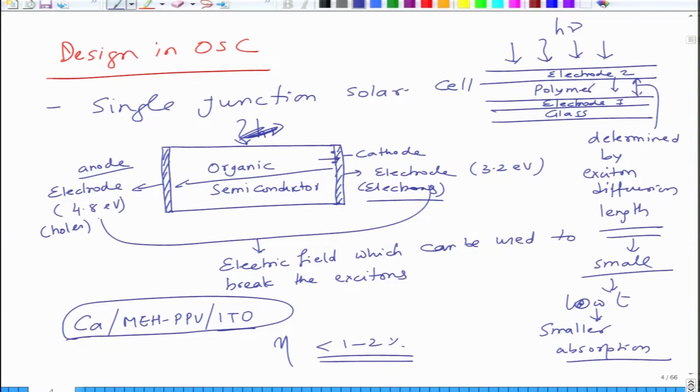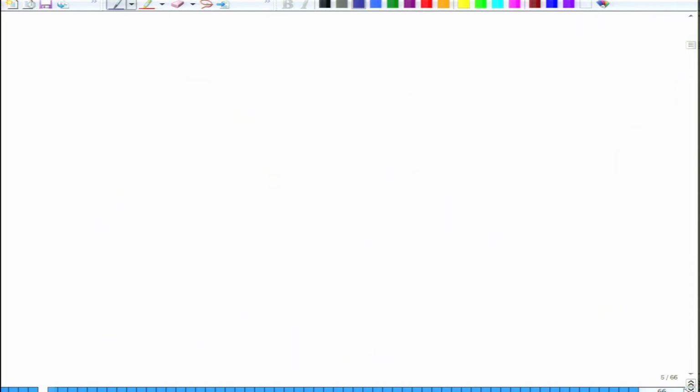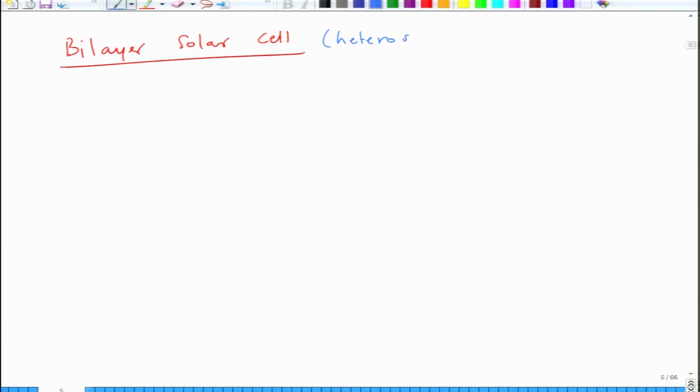So because of this problem of limitations in thickness, somebody came up with the concept of the bilayer solar cell. So a bilayer solar cell is basically a heterostructure, just like a PN junction solar cell in 2G devices.